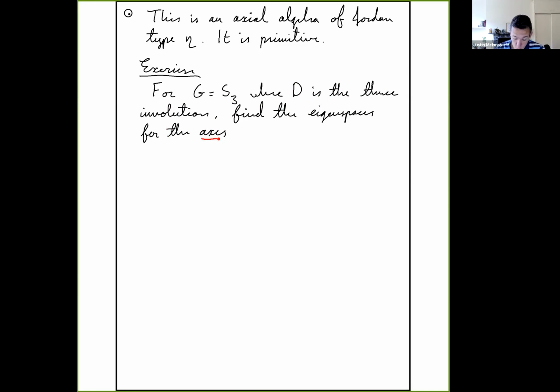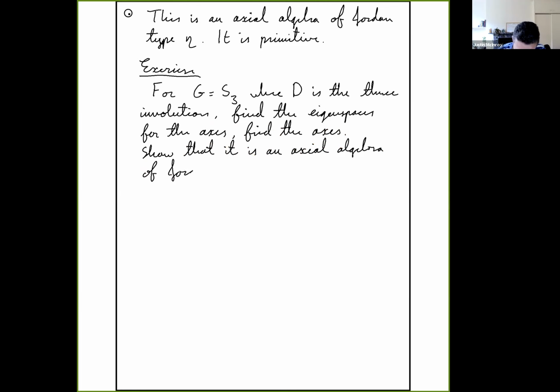Also, I guess, what are the axes here? Find the axes, and so show that it is an axial algebra of Jordan type eta. So that's a very concrete example, which you can do easy calculations in.